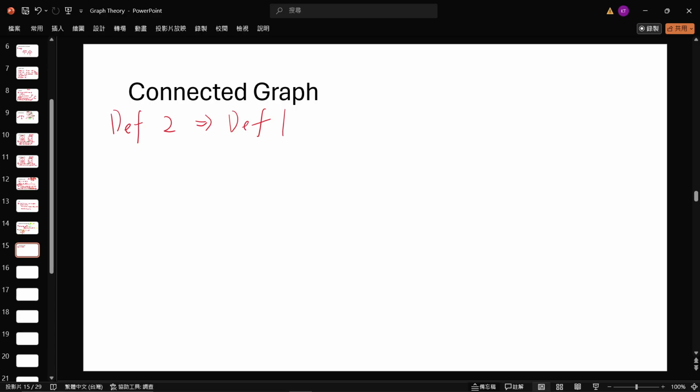So for definition 1, we have to find this special vertex V, right? The hop, the one that can be connected to every other vertex in the graph.